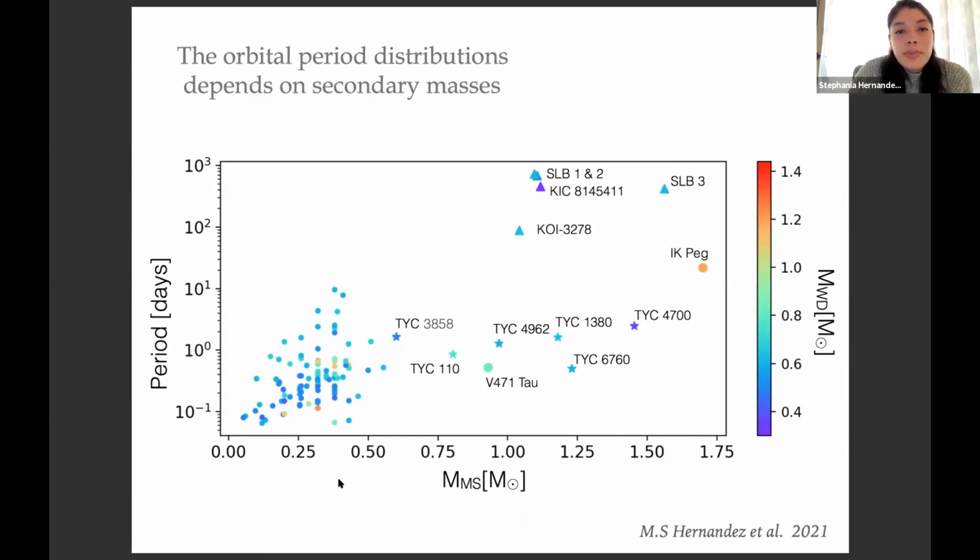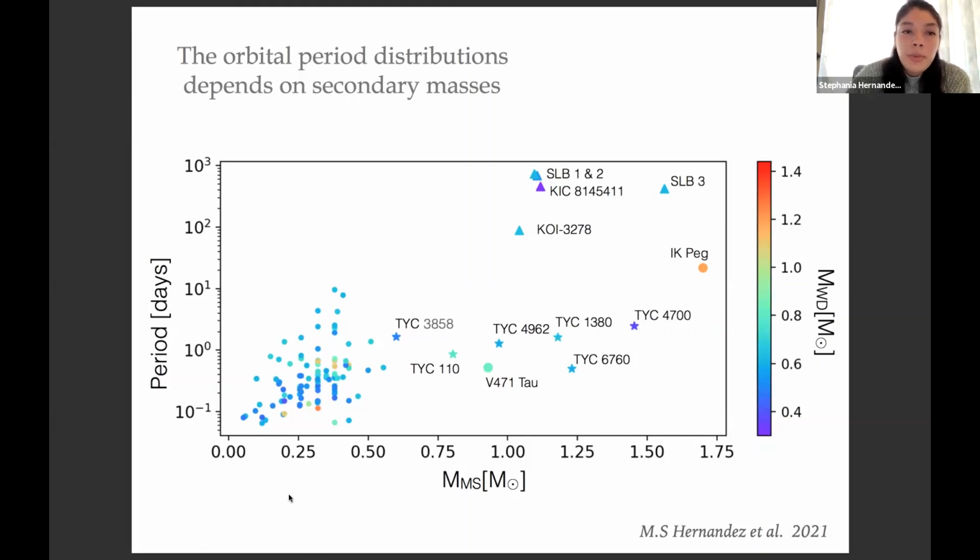Previous to this project, very few post-common envelope binaries with AFGK companions were known, and now we increased this number to 13 systems, and found that two populations of post-common envelope binaries with an intermediate mass secondary can be identified.